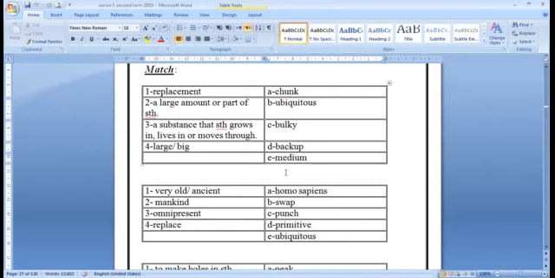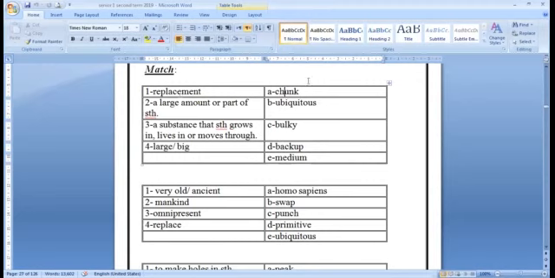Okay, so the first one, Shabab, here you have the word replacement. Pay attention, the word replacement here is a noun, it's not replace, as when I say the word replace, I mean swap. But replacement, what is the most appropriate answer?